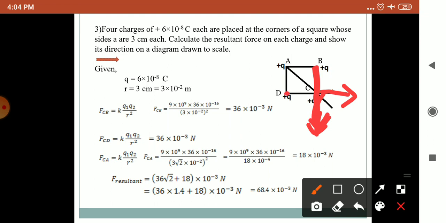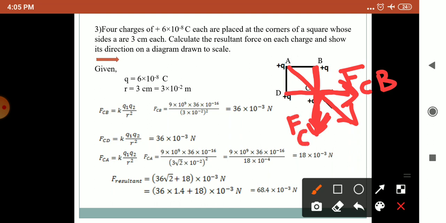Along CD it will again give a force of repulsion in outward direction, and the resultant force will be along the diagonal, again in outward direction. So we have to find out the magnitude of the forces FCB, FCD and FCA.